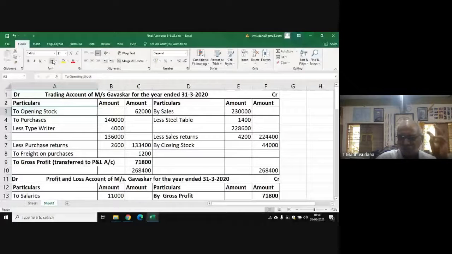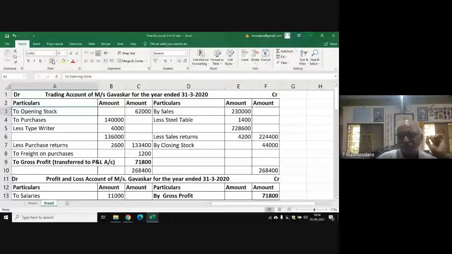But the items given as adjustments below the trial balance will have to be shown in two places: once in the trading account or profit and loss account, and another time in the balance sheet. Just verify whether all the adjustments have appeared in two statements in this problem.